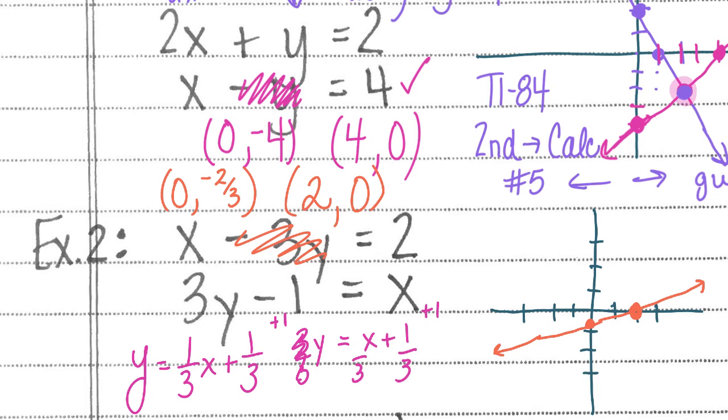So I'm going to start at 1/3, and it looks like I'm going to go up 1 over 3. Well, even though I have a horrible graph here, these lines look pretty parallel to me. So therefore, there is no solution.